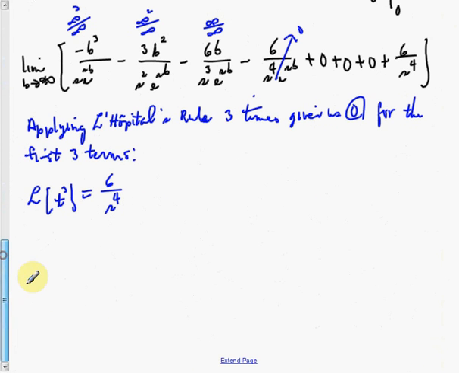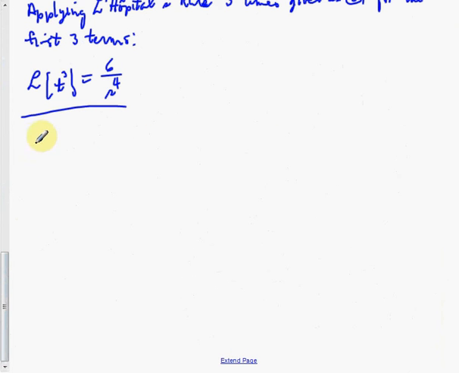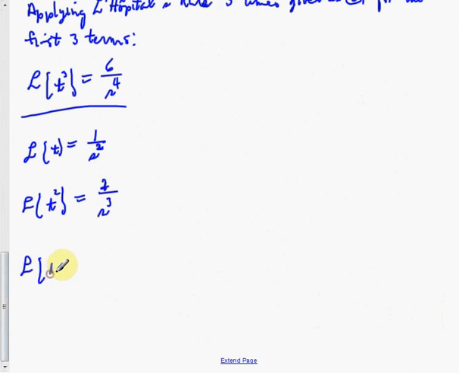Now let me see if I can show you this just to review. We started out with the Laplace transform of t, and that gave us 1 over s squared. Then we had the Laplace transform of t to the second, and that gave us 2 over s to the third. Then the Laplace transform of t to the third gave us 6 over s to the fourth. Do you see the pattern?